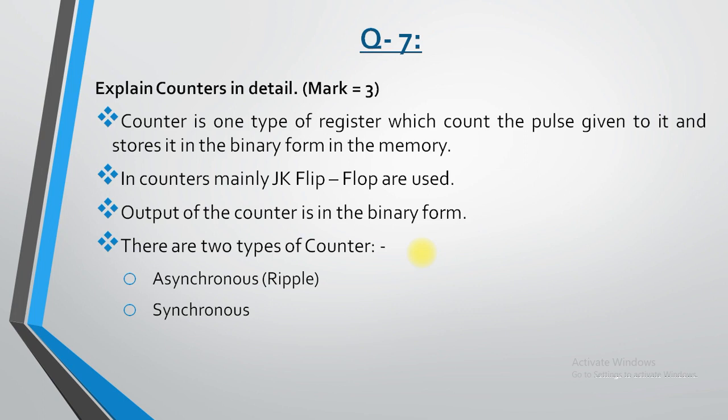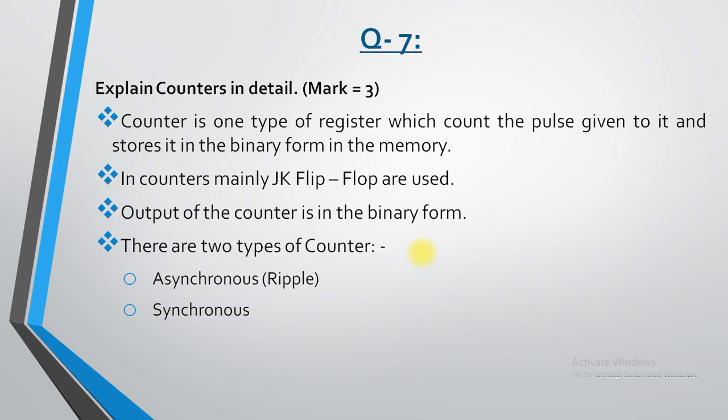Whatever concepts we have understood so far are in the form of binary only. It is in the form of 0 and 1 only. Yes or no? So a counter is a type of register responsible for counting the number of clock pulses given to the register, and it stores the data in the form of binary.